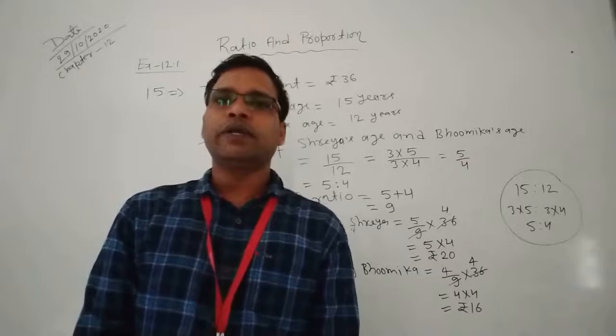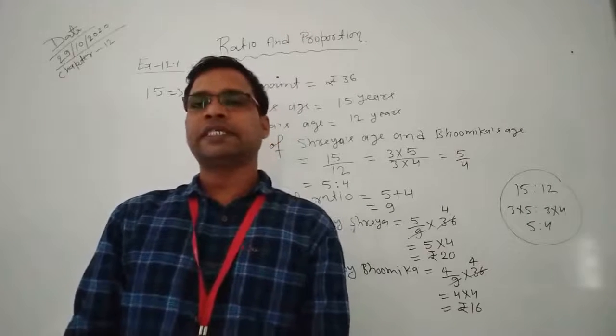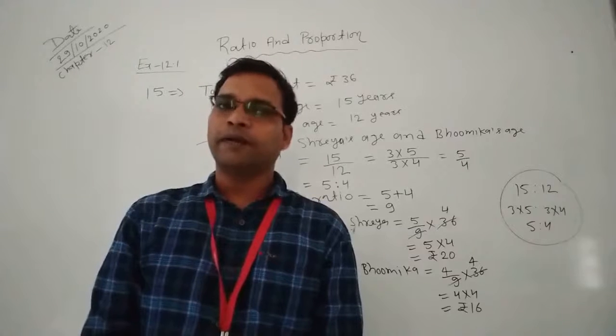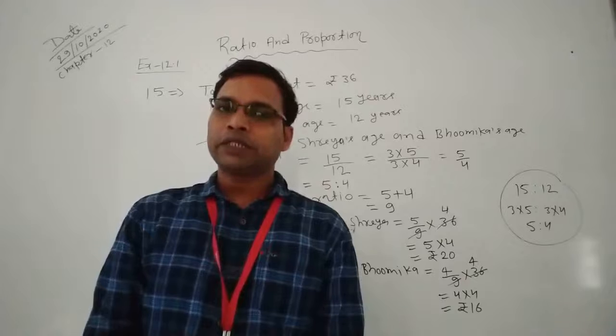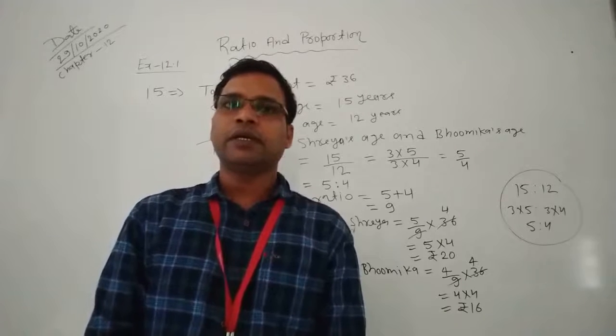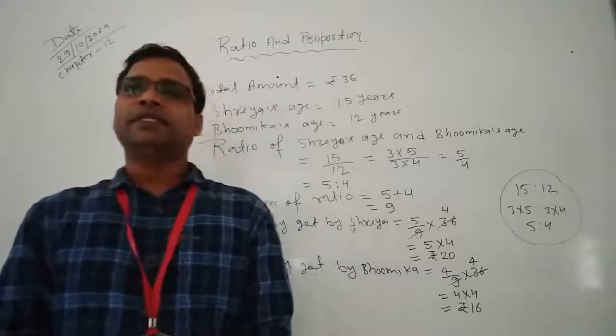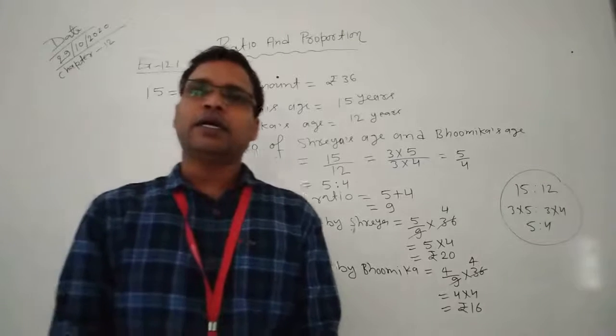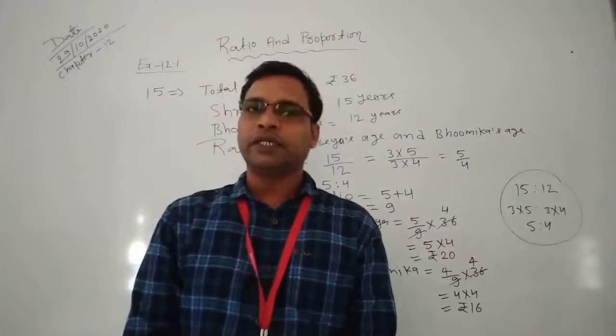Now we are going to discuss question number 16 of this exercise 12.1. In question number 16, the present age of the father is 42 years and of his son is 14 years.